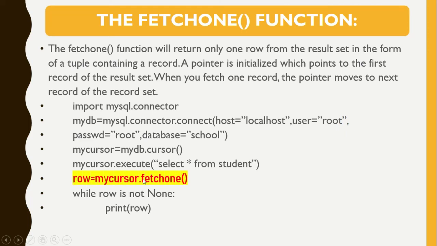Row equals to mycursor.fetchone, while row is not None, because here I am using fetchone to print all the records. So for that I will write while row is not None, then print row, and here you will write row equals to mycursor.fetchone. This particular code will print all the rows by using the fetchone function. Okay, so I hope all these will be clear to you.